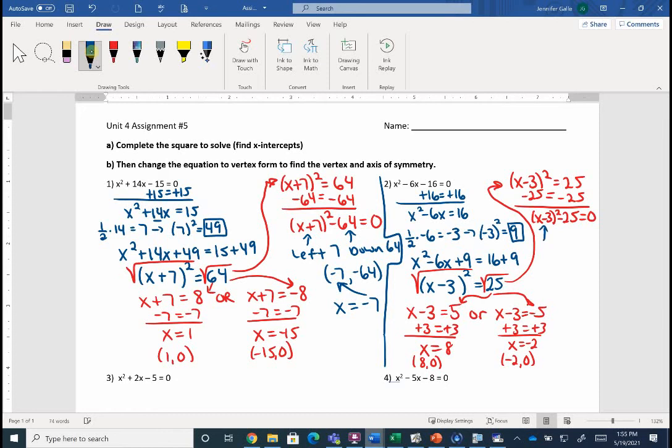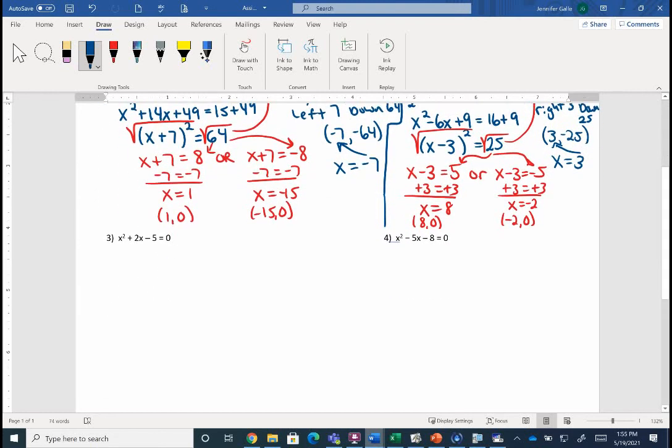The minus 3 inside would cause the graph to go right 3. The minus 25 outside would cause the graph to go down 25. So the vertex right 3 would be positive, down 25 would be negative. Axis of symmetry is always x equals, and it's always the x value from the vertex.